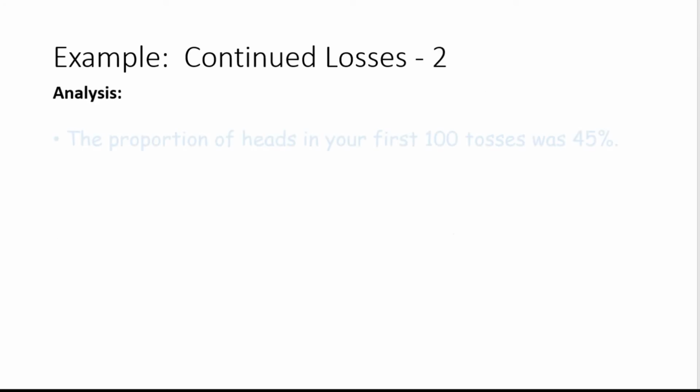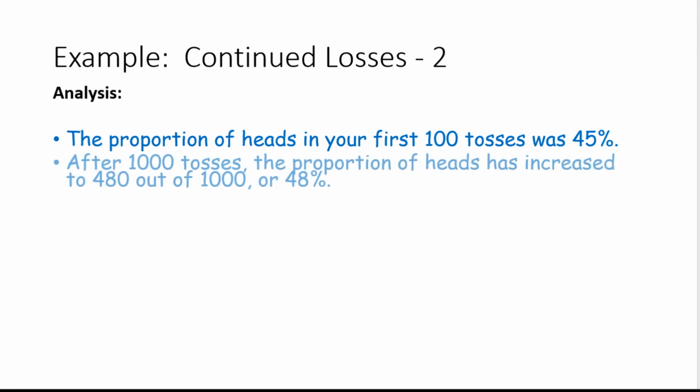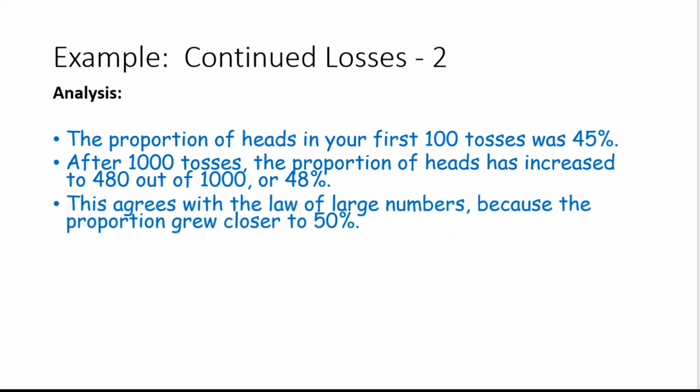Analysis. The proportion of heads in your first 100 tosses was 45%. After 1,000 tosses, the proportion of heads has increased to 480 out of 1,000, or 48%. This agrees with the law of large numbers because the proportion grew closer to 50%.